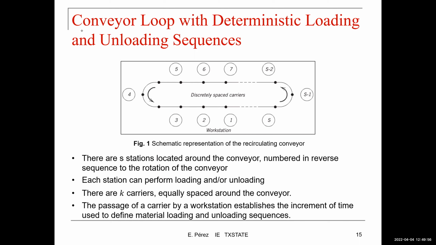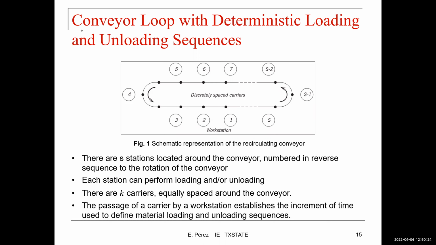As you can see here at the top, we have a loop. The loop is representing the path for the conveyors. And those black dots right there are representing the carriers. So what we have here is the discretely spaced carriers. So we are assuming that they have been spaced the same distance between them.